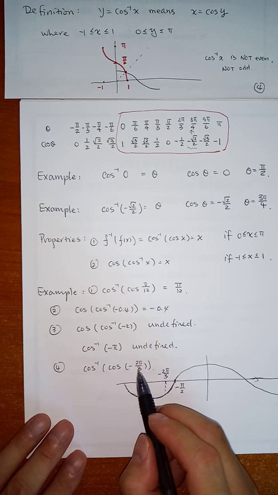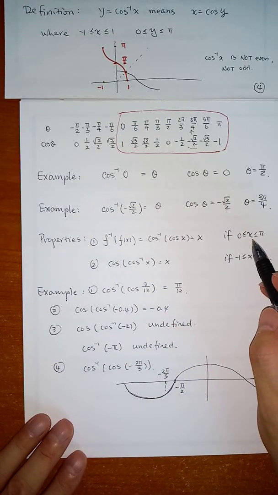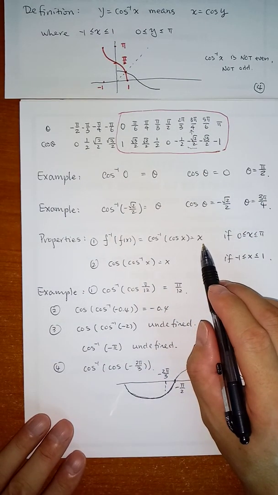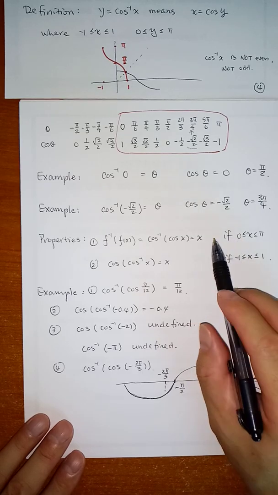First of all, -2 pi/3 is not in the domain 0 to pi, so you cannot apply it directly. There's no way to apply it directly.